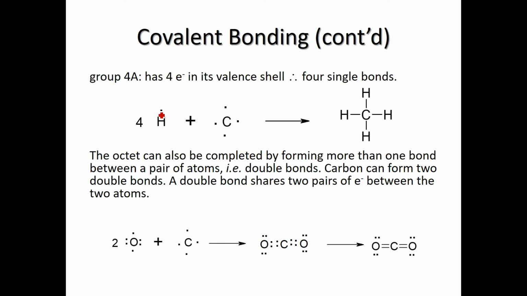Carbon will do the same thing. Each of these hydrogens will combine. Okay, you need one there, you need one here, you need one here to make methane. Of course, carbon has a valence of 4, that's why we are showing only 4 dots. Oxygen has a valence of 6, we are showing 6 dots.